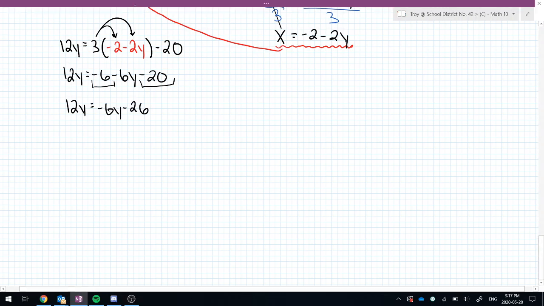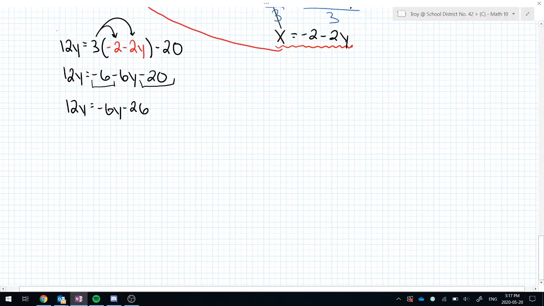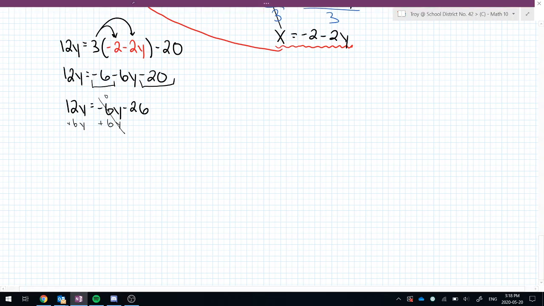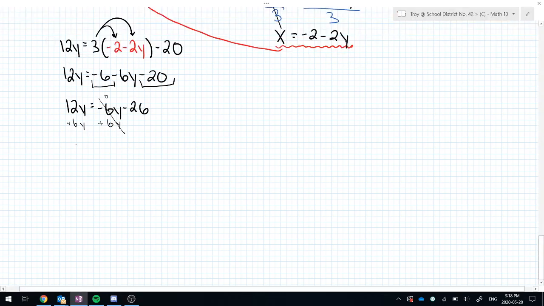All right, so after that, I want to get y by itself, so I'm going to add my 6y here. So that cancels, goes to 0. So I got 12y plus 6y, of course, gives me 18y. 18y equals negative 26.